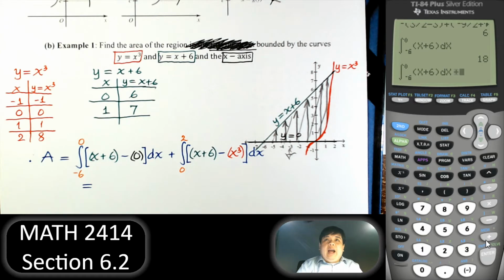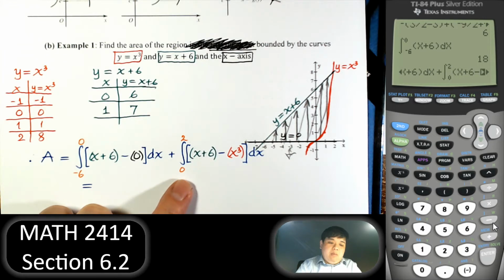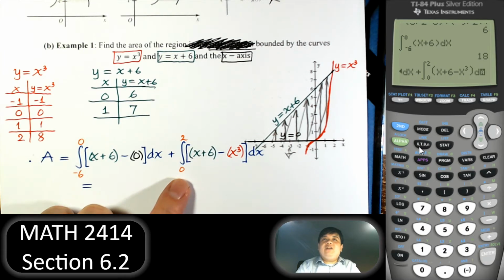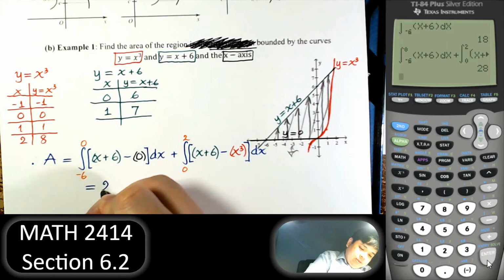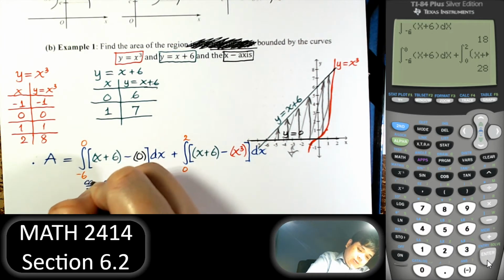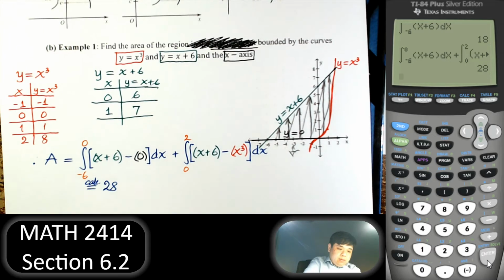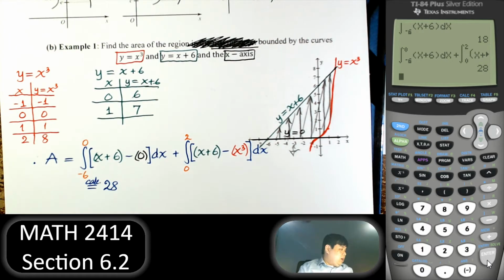And then we have the integral from 0 to 2, math number 9, of x plus 6 minus x cubed. And all together we have 28. So that is one way to do that.